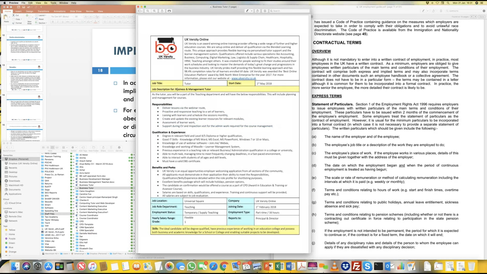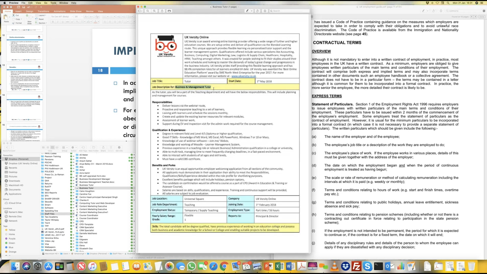But if the tutor has relevant experience and qualifications, I might say the tutor is also required to teach strategic management programs. Here I've said deliver lessons via webinar, but occasionally I might ask the tutor to come into the center and deliver a classroom-based session.